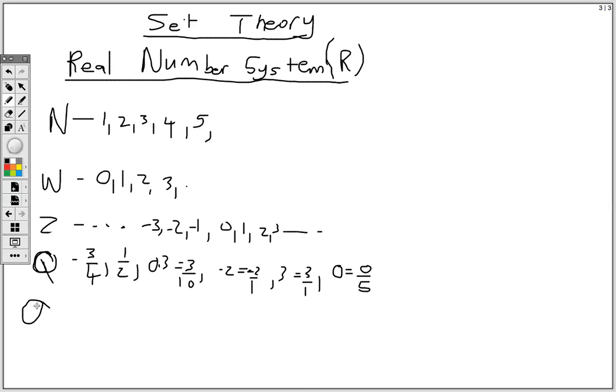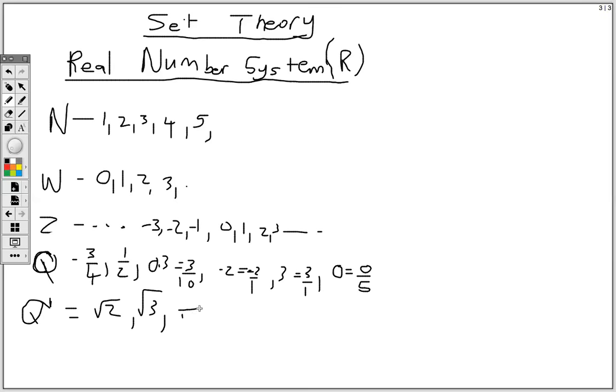Finally, we have irrational numbers, and irrational numbers are numbers that cannot be expressed as a fraction. So, cannot be expressed as a fraction, we have the square root of 2, square root of 3; these are considered to be surds.